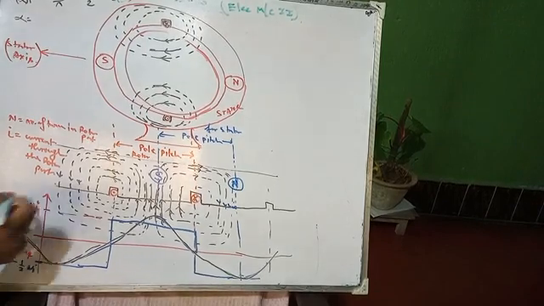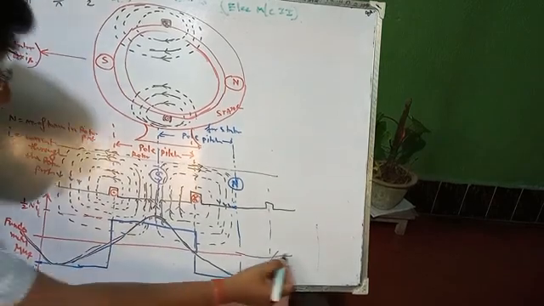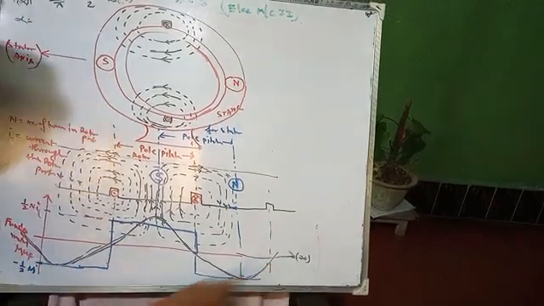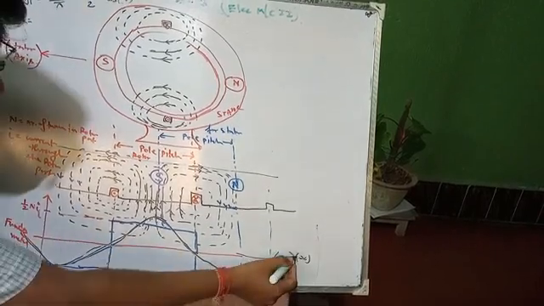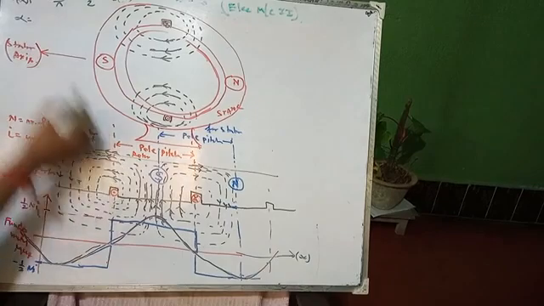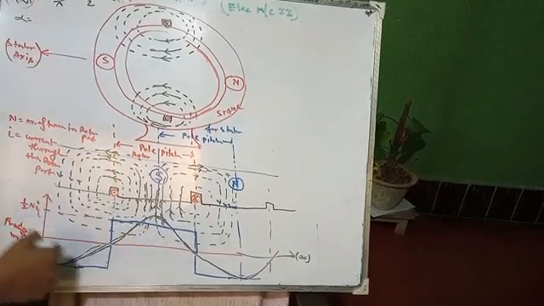That means this axis is considered to be alpha. Whatever the values of alpha, if we put them in, then we can get the exact value of the MMF flux.